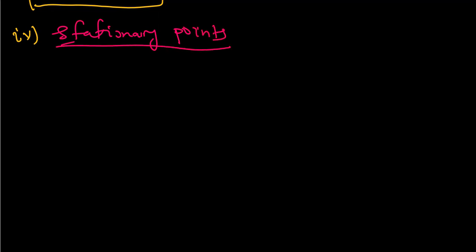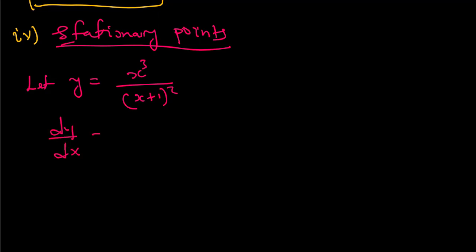So the first thing we do is I will let y be the function x cubed divided by x plus 1, all of that squared. So let's obtain the derivative first. So dy on dx will be equal to, we're going to use the quotient rule.